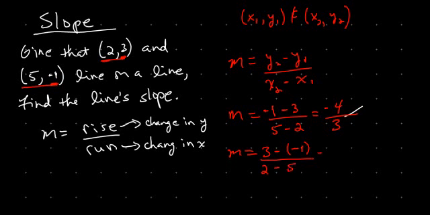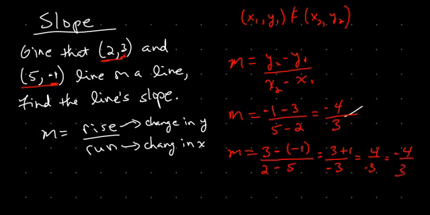So that's going to equal 3 minus a negative, which is 3 plus 1 over 2 minus 5, which is -3. And we get 3 plus 1 is 4 over -3, which equals -4/3.